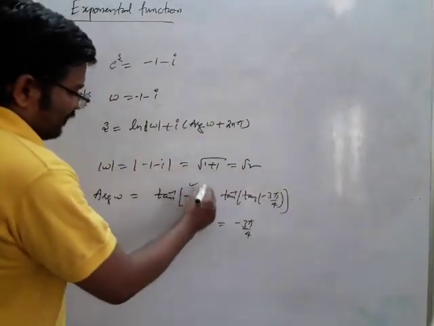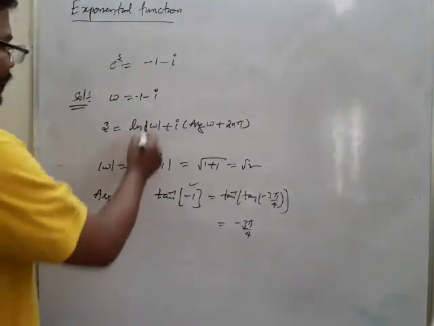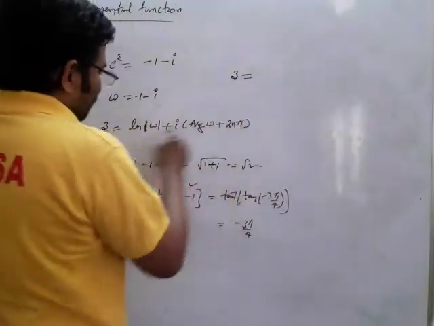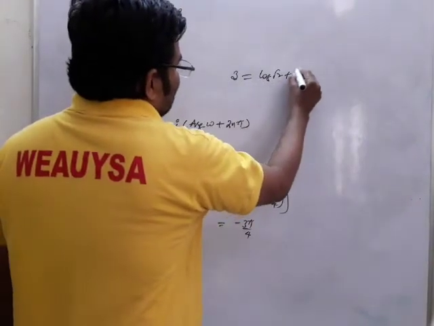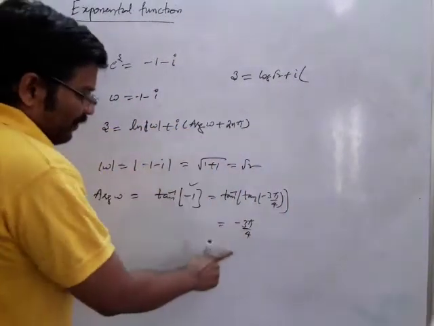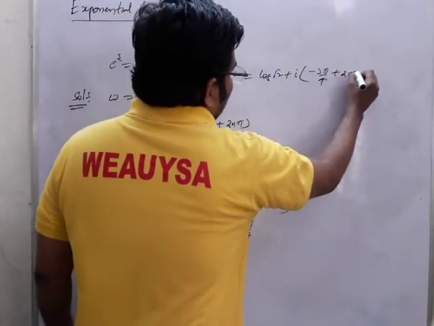How you got -1, I will let you know later. First, minus 3 pi by 4, this is what we have. Now you substitute in this. z is equal to log of mod W, that is log root 2, plus i into argument of W, minus 3 pi by 4 plus 2n pi.